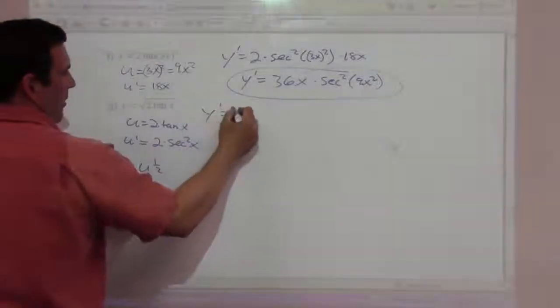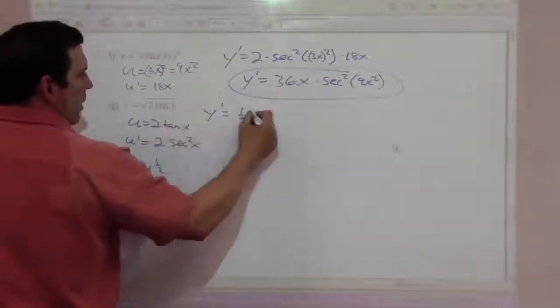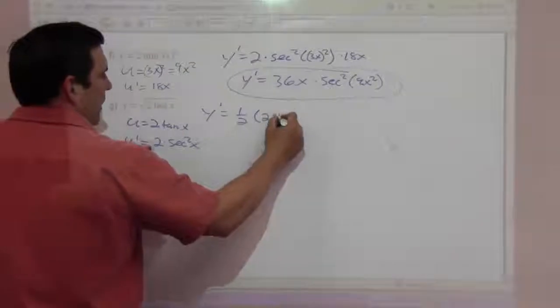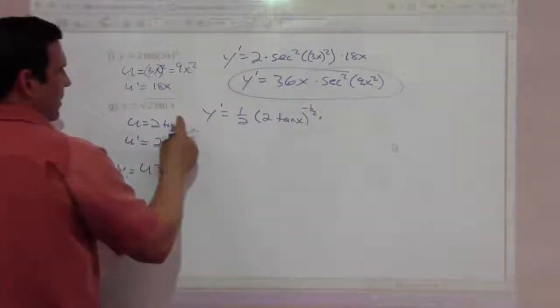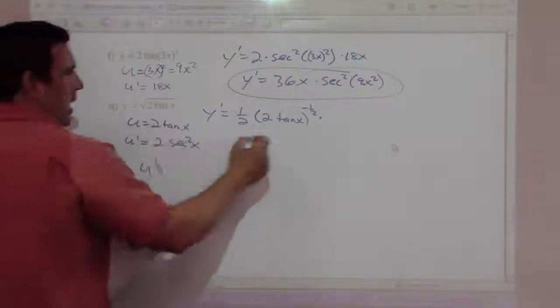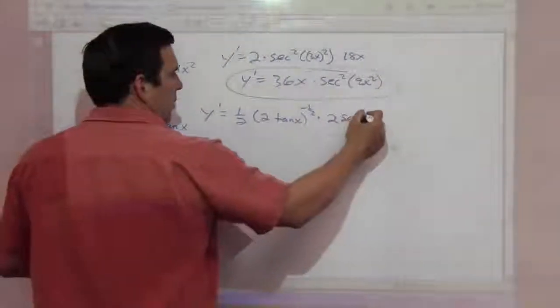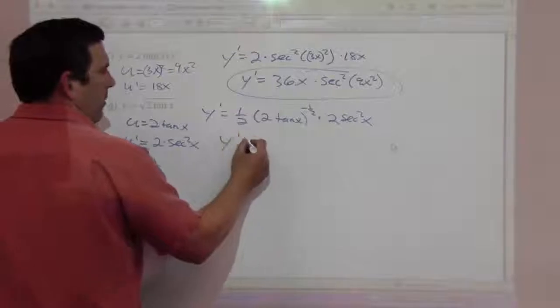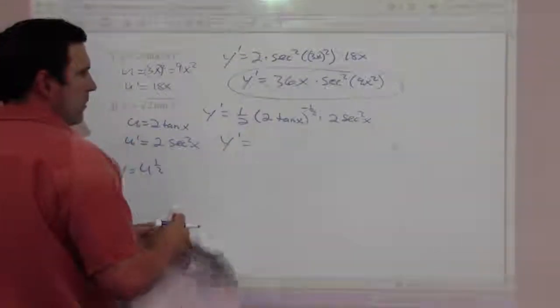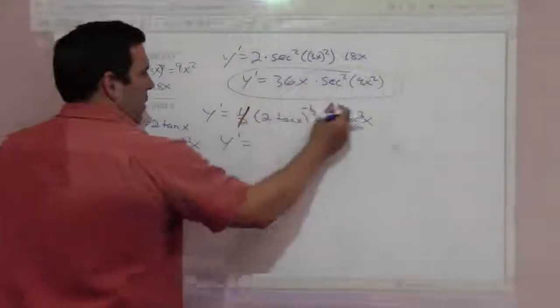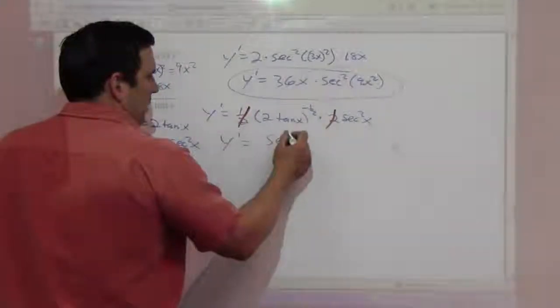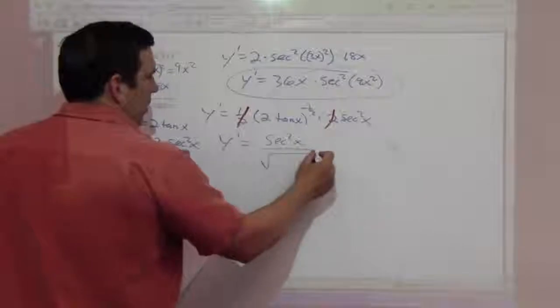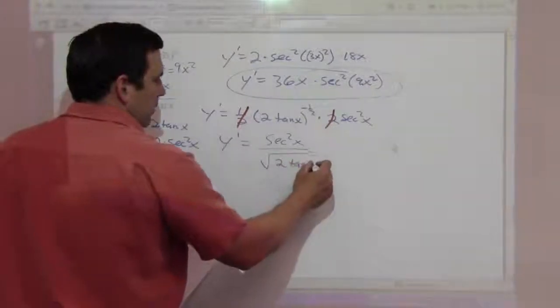So y prime is going to be 1/2 times this quantity, which is 2 tangent x to the negative 1/2 power, times the derivative of what's inside, and that's going to be 2 secant squared x. So y prime is going to be secant squared x over the square root of 2 tangent x.